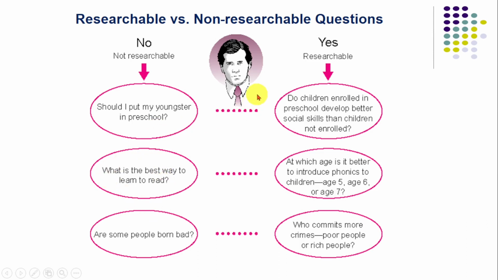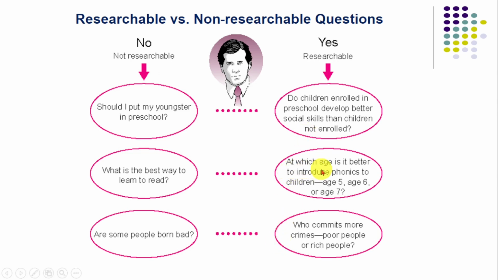Let's move on. What is researchable? Do children enrolled in preschool develop better social skills than children not enrolled? Here we can conduct the research because we divide the participants into two groups.